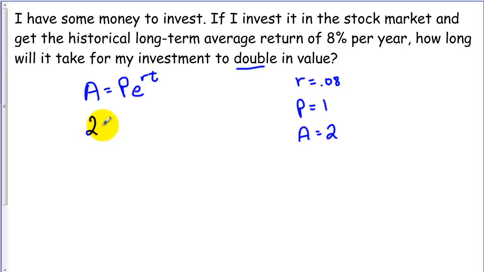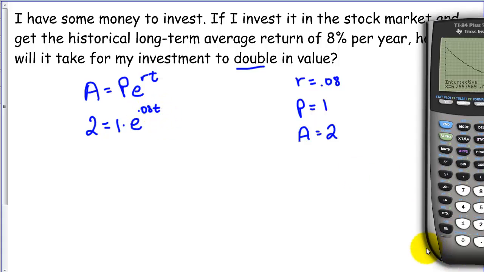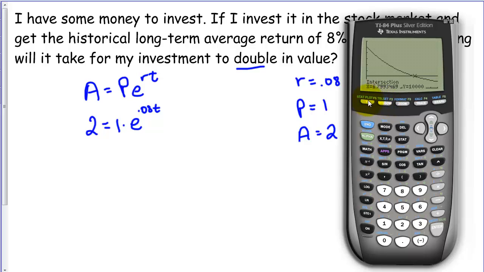So again, our model we're going to be looking at here is going to be 1 times e to the 0.08t. We're going to do the same thing with our graphing calculator. Let me get rid of our old equations. We're going to put our left side into y1, and our right side into y2.